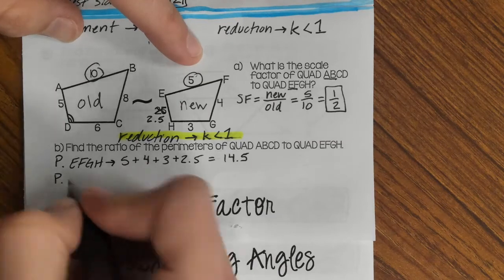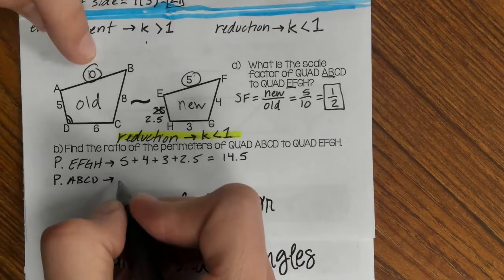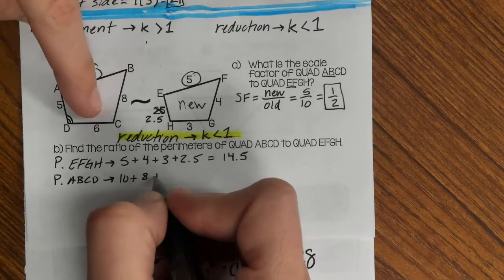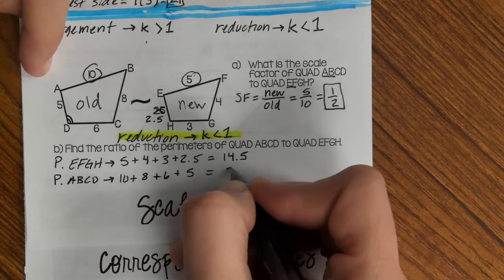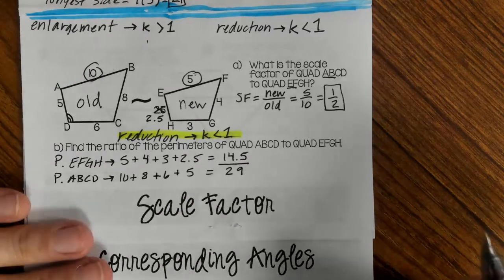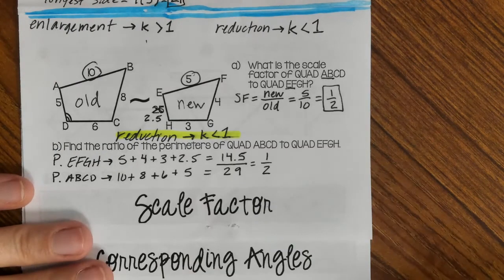P for perimeter of ABCD. I will take my 10 plus my 8 plus my 6 plus my 5, and I will come up with 29. If we do it in fraction form, this can simplify down to 1/2.